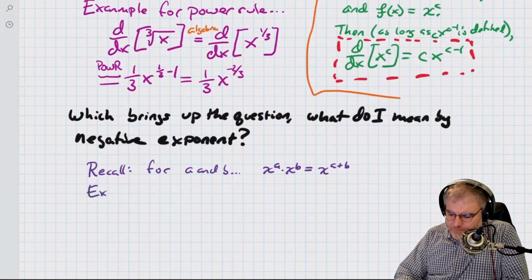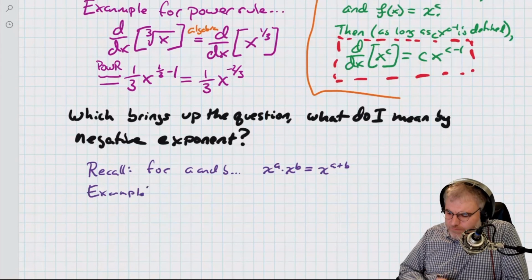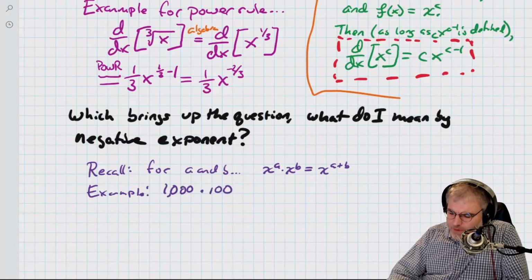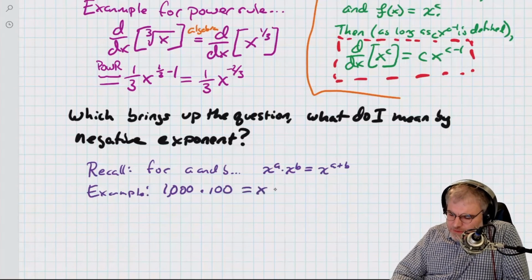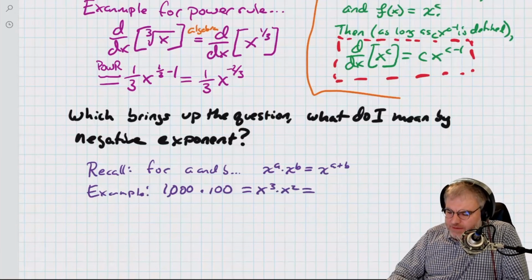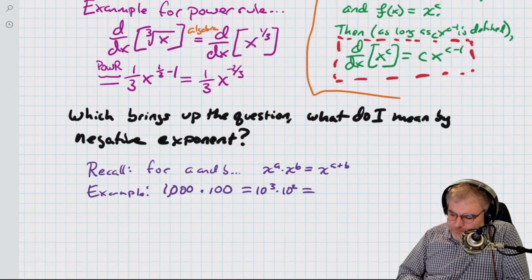Example: 1,000 times 100, which equals 10 cubed times 10 squared. When I multiply these two numbers together, I'm going to wind up with 1, 2, 3, 4, 5 zeros. That's got to be 10 to the 5th.